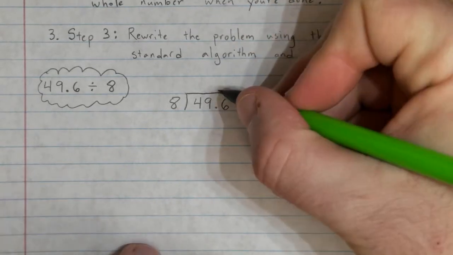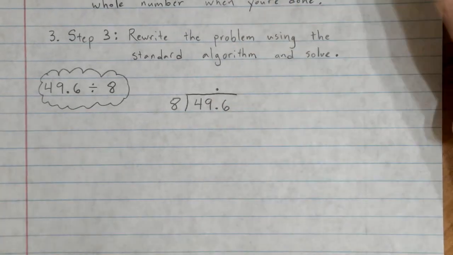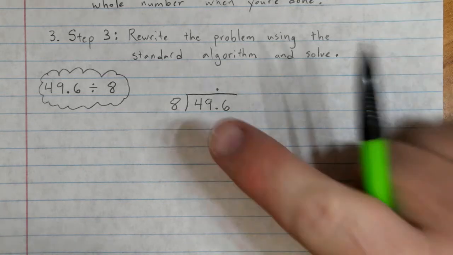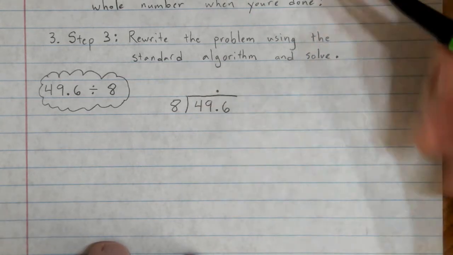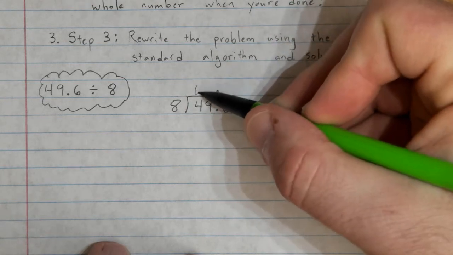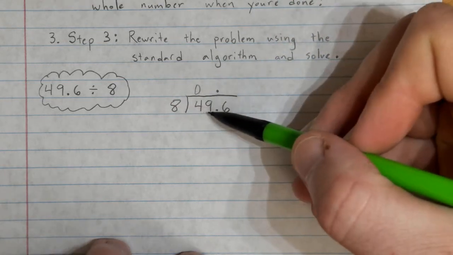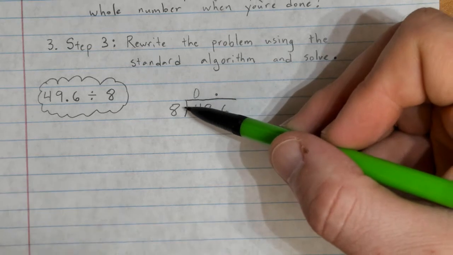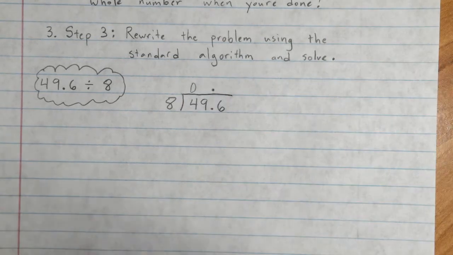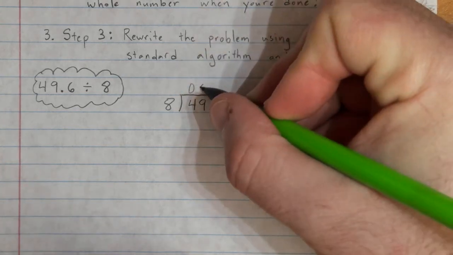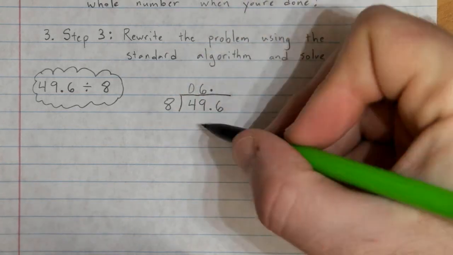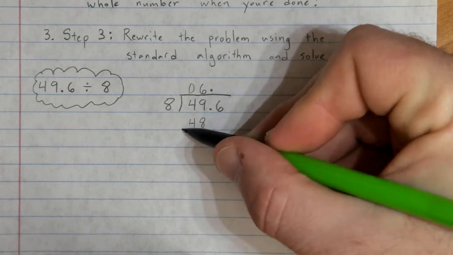Bring the decimal point up immediately. 4 divided by 8. That's not going to work. 8 won't go into 4. 4 is too small. But 8 will go into 49. Think of my 8 times tables. 8 times 5 is 40. 8 times 6 is 48. That's pretty close. 6 times 8 is 48. Yeah, that looks good.